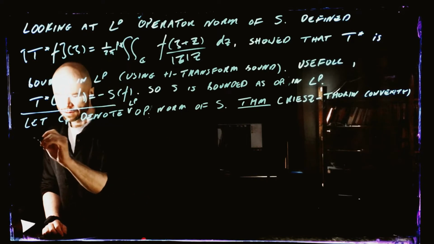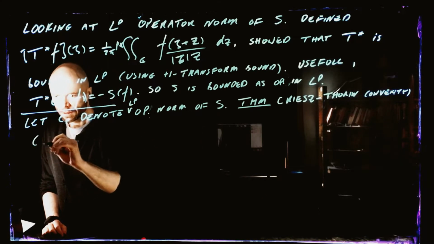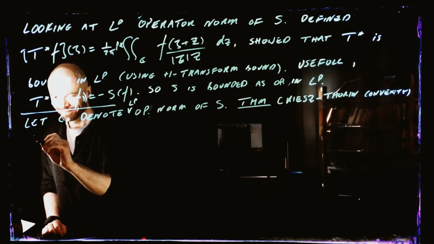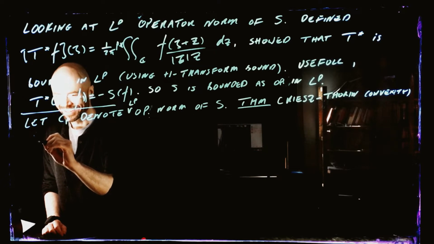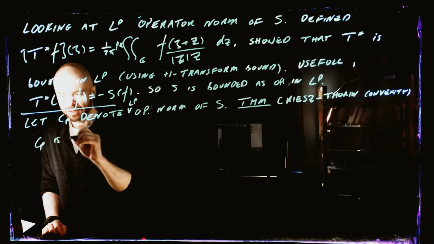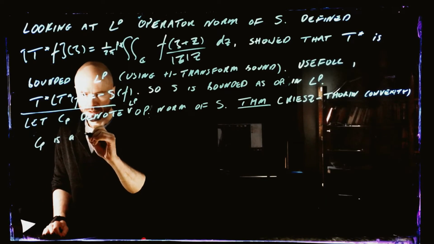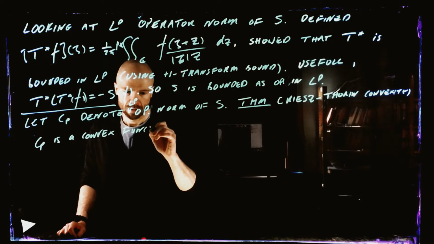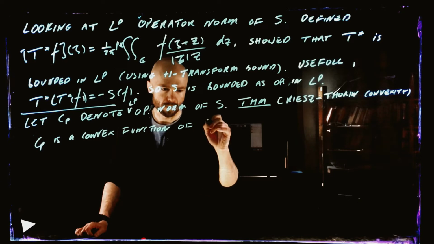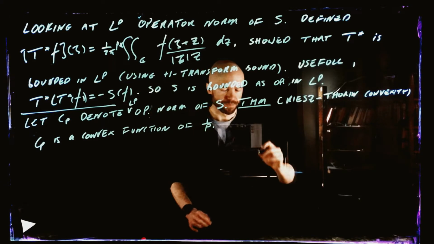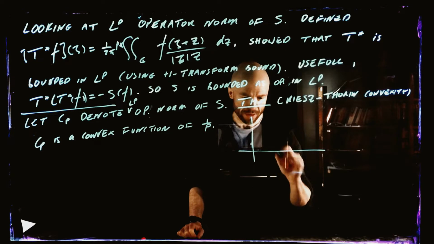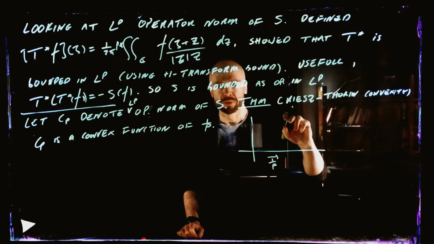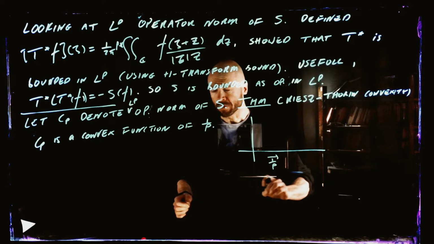That says that CP is a convex function of 1 over P. So what that means is that if we plot a graph where on this axis we have 1 over P, and above we put what CP is, then that thing will form a convex function.